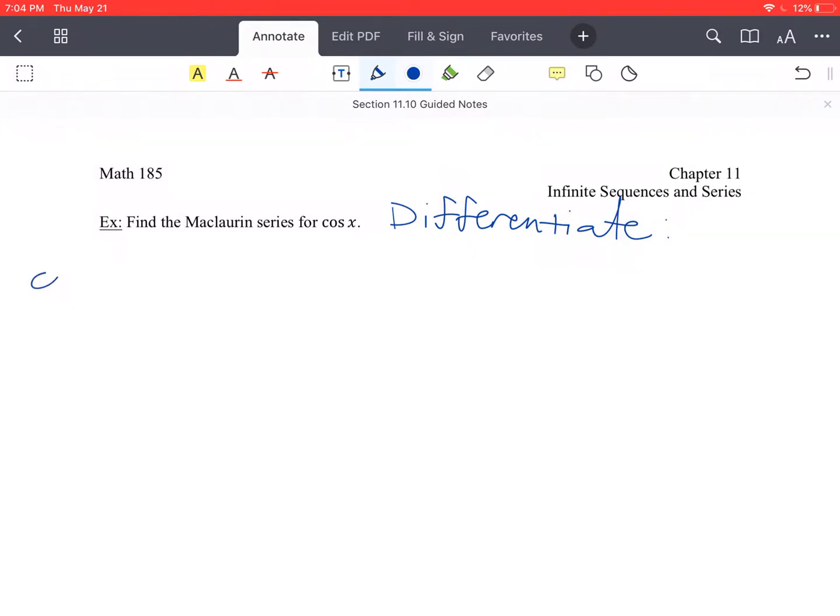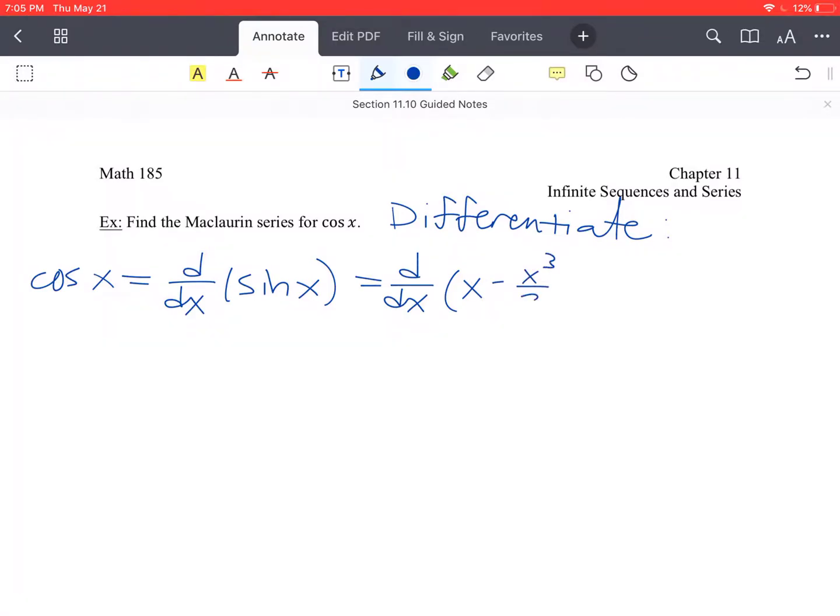So we have cosine of x, that is the derivative of sine of x. So the Maclaurin series for cosine must be the derivative of the Maclaurin series for sine. The series for sine is x minus x cubed over 3 factorial, plus x to the 5th over 5 factorial, minus x to the 7th over 7 factorial, etc.